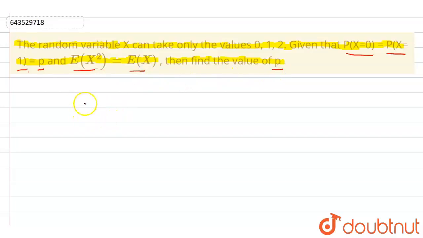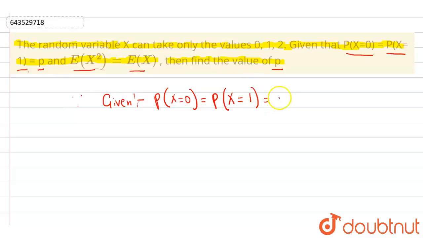So first of all, let us start with what we have given. P at x equals 0 is equal to probability at x equals 1, which is equal to p.